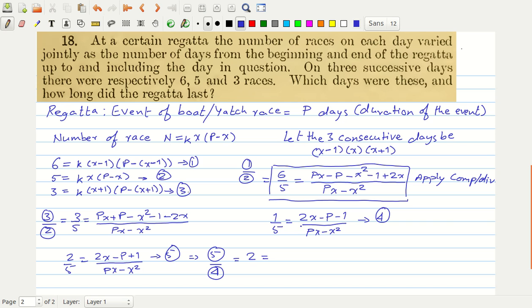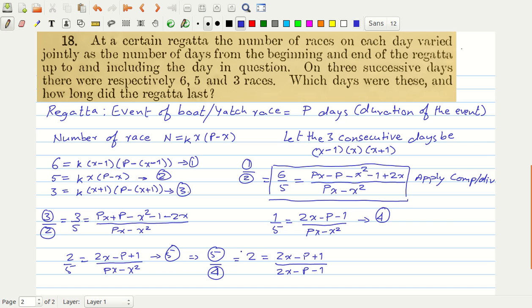So px minus x square will cancel out and you will get 2x minus p plus 1, this numerator over here, divided by 2x minus p minus 1, right.